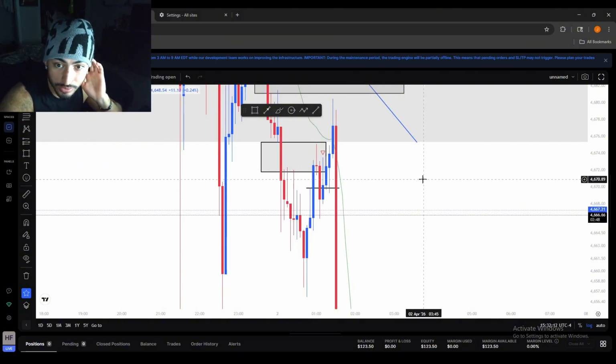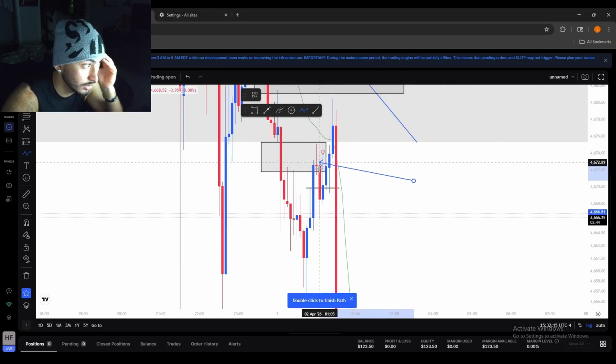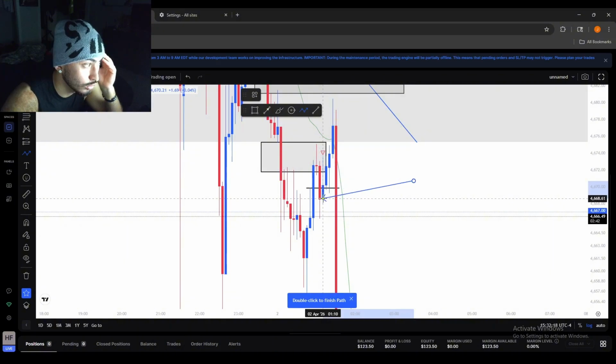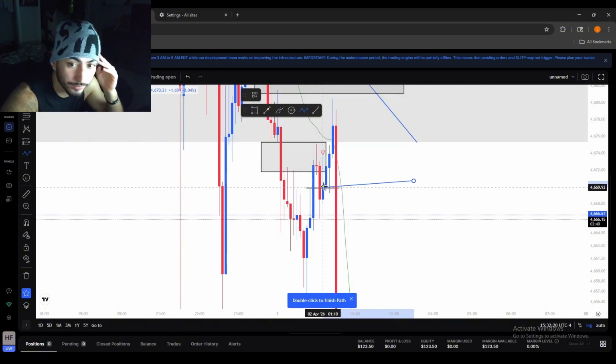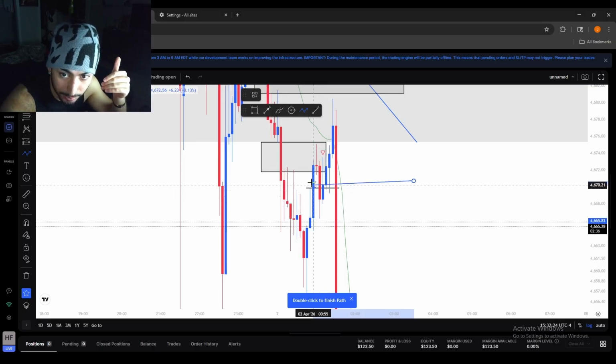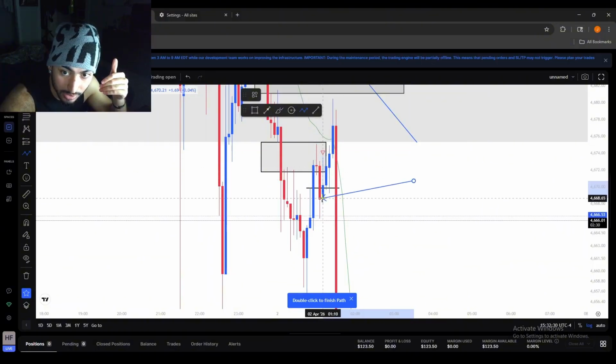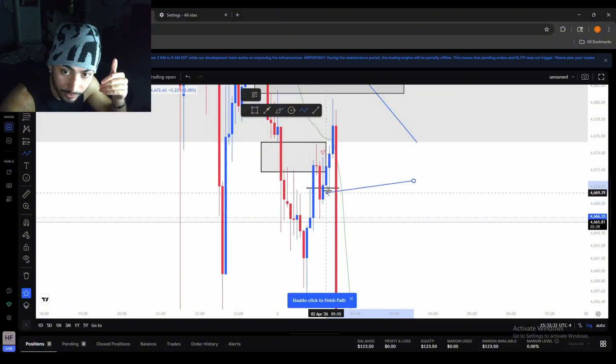So what am I going to wait for? I'm going to wait for a rejection candle and for price to push and close below this fair value gap, which, look at that, it did it to the T. Had the big push, created the fair value gap, had a doji with a bearish engulfing, closing under that fair value gap that was created by the previous three candles.